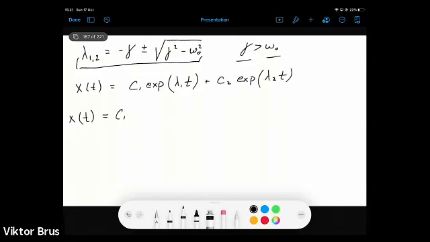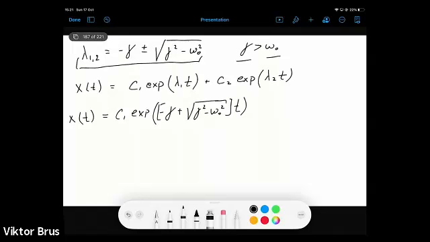It will be C1 times exponent of (minus gamma plus square root of gamma square minus omega naught square) times t.